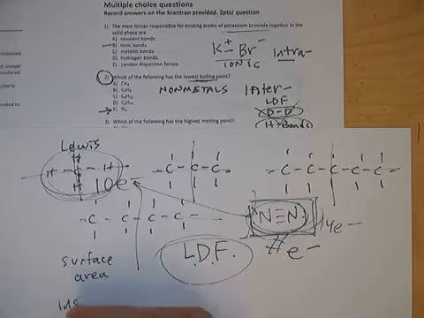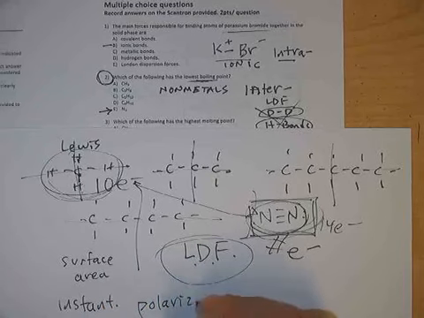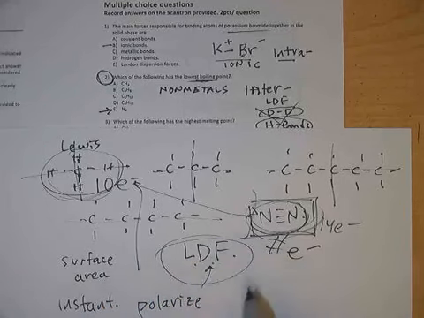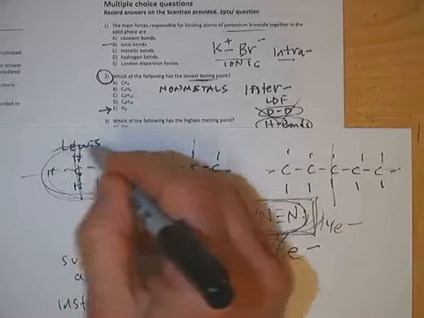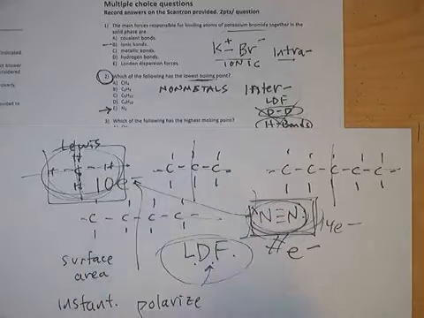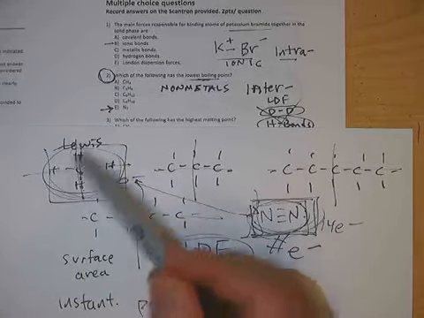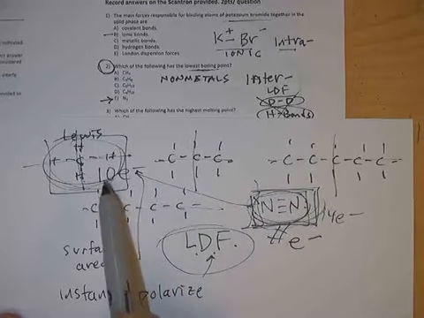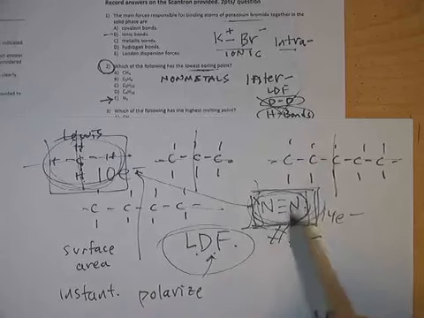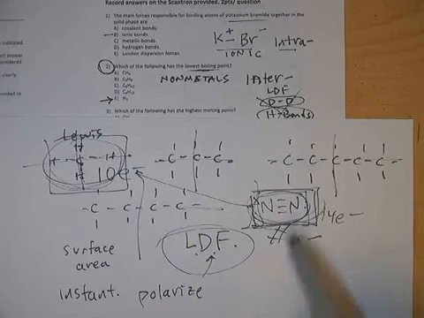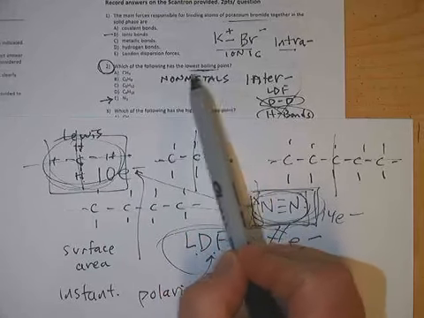And the greater the surface area, the more opportunities that those electrons have to instantaneously polarize or form these London dispersion forces. And since these hydrogens stick out from the carbon and make it just a little bit bigger surface area wise, rather than just 2 atoms stuck together, it will make it a tiny bit higher boiling or a tiny bit higher melting point than something like this.